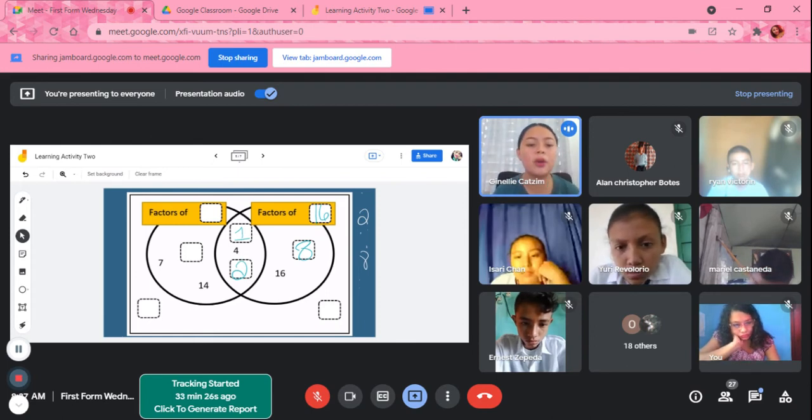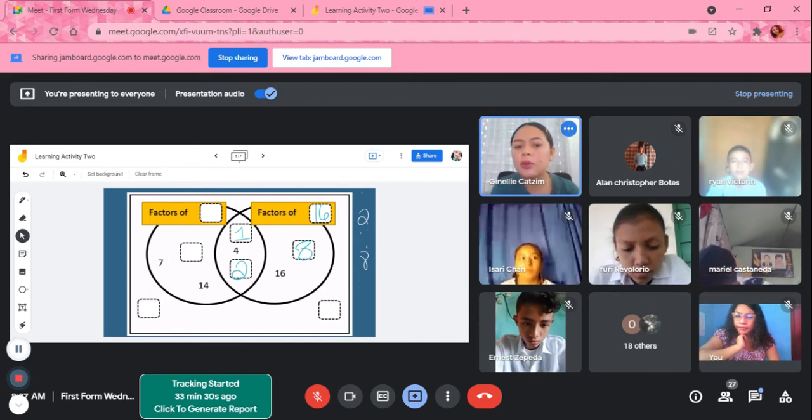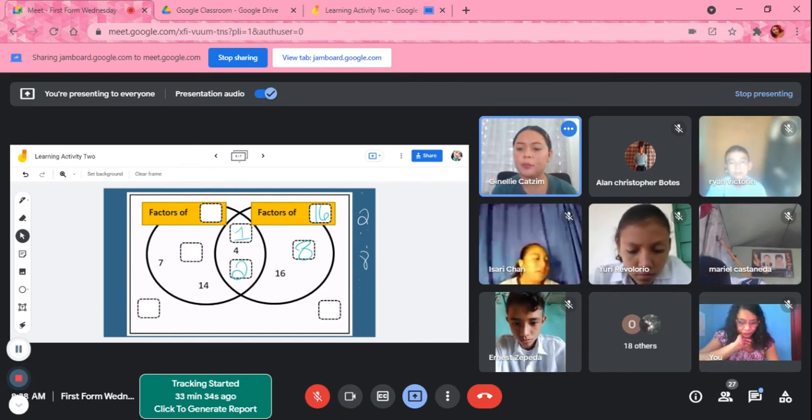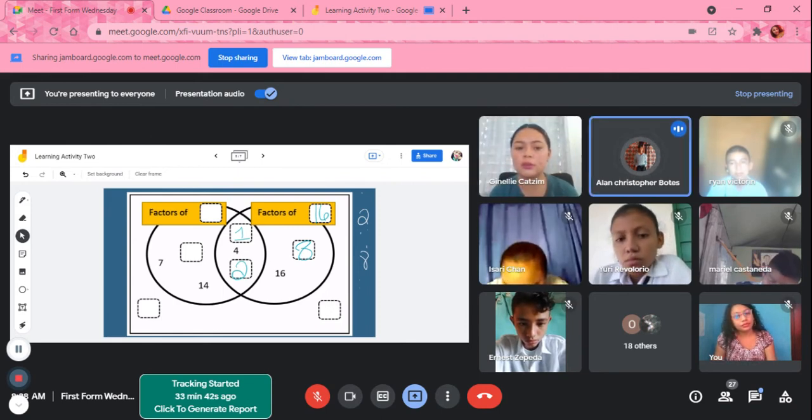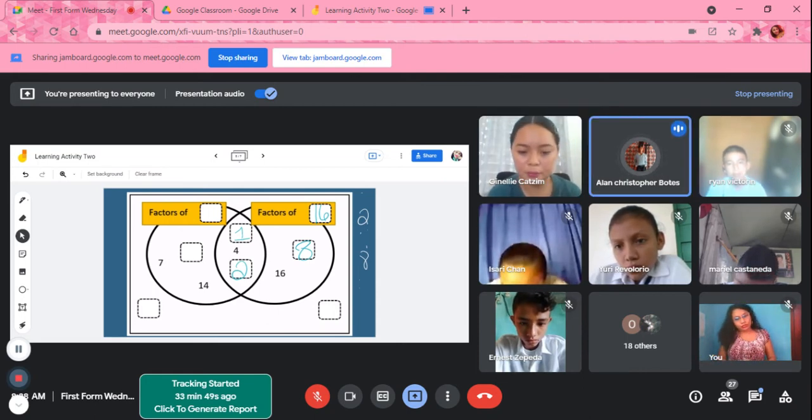So if we know we have 1, 2, 4, 7, and 14, how do we know which number we are finding factors of? We can assume it is an even number, divisible by 14. By just seeing it, you could know that it is divisible by 14.